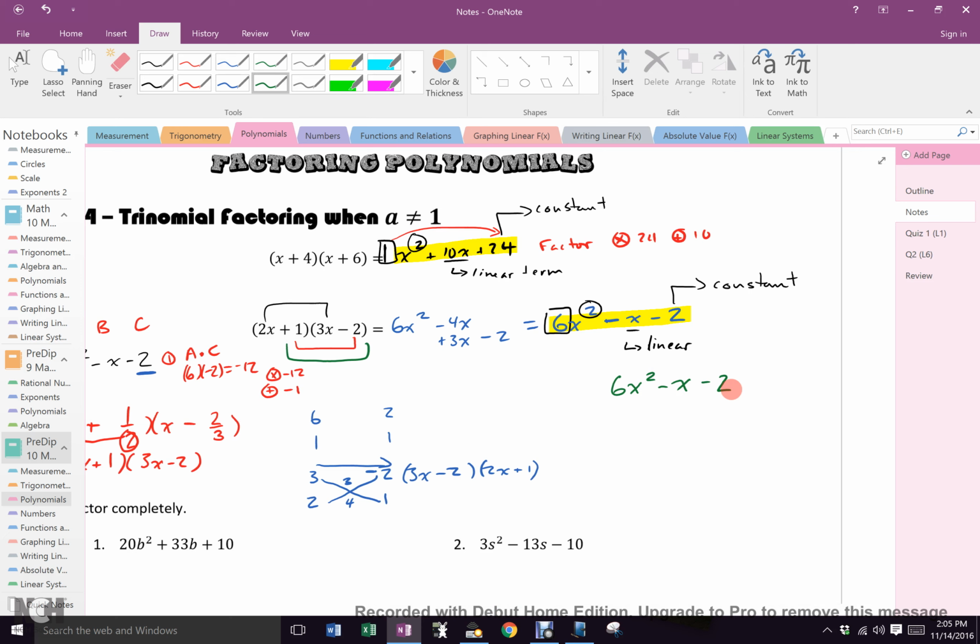Okay. Now, what you do with this one is you say, all right, I got to see if I can remember how to do this because I haven't done this since the 11th grade. It starts out the same. You do 6 times 2 to get negative 12. That's step 1. Step 2 is you decide on your factors.